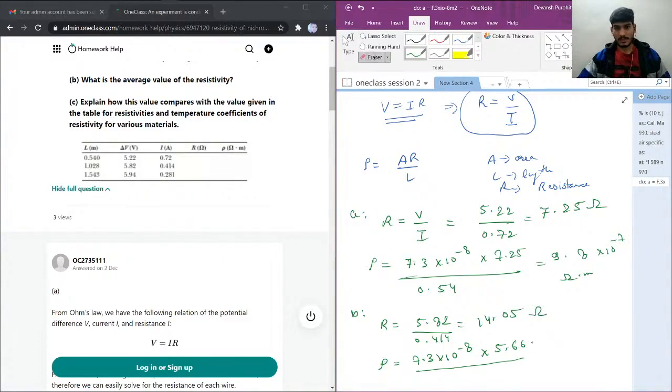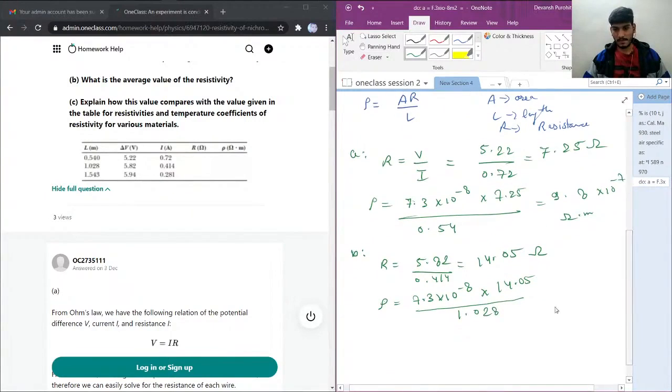Again, eraser. 14.05, and here the length will come 1.028. This will be 7.3 times 10 power negative 8 times 14.05 divided by 1.028.